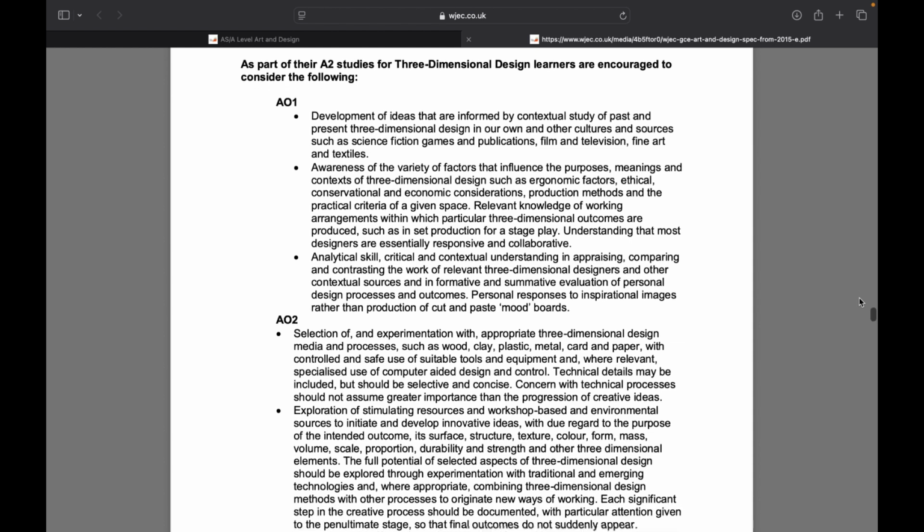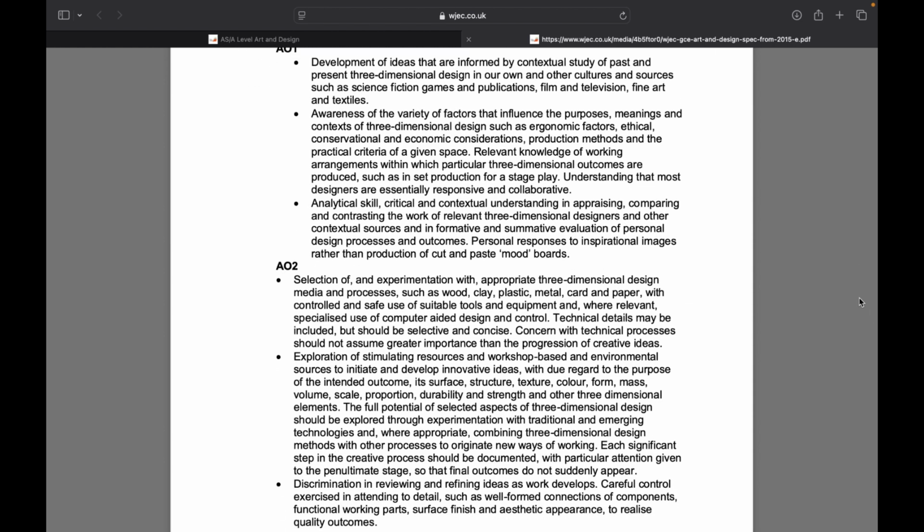And finally then, analytical skill, critical and contextual understanding in appraising, comparing and contrasting the work of relevant 3D designers and other contextual sources, informative and summative evaluation of personal designer processes and outcomes. And we're not doing mood boards, the pages with just pictures on, that's what we're drifting away from. You might have done one for GCSE.